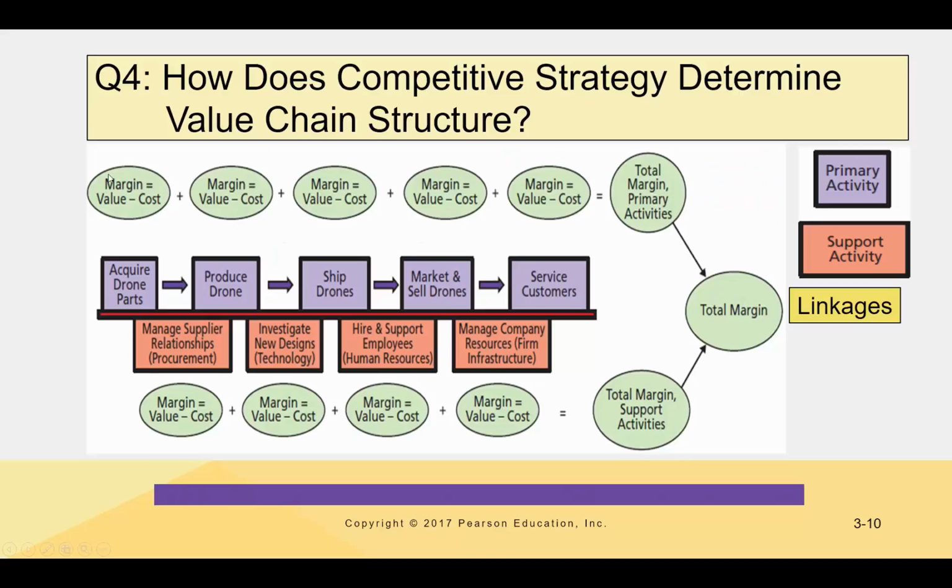So if you look at this, then these follow suit in order that they match the customers, the organizational direction and guidance on what you're going to have for procuring technology, human resources, and infrastructure.